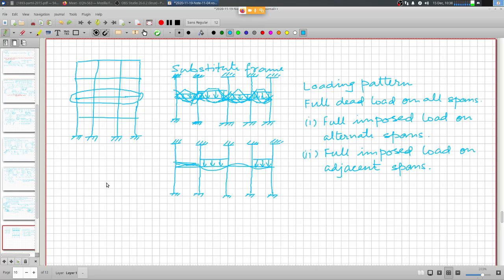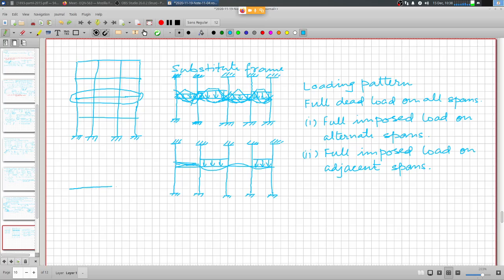But typically for lateral load analysis, we use the complete frame because simple assumption like rigid floor diaphragm will allow you to reduce the degrees of freedom considerably, and it is easy to find story shears at each floor and then distribute it to individual bays, and equivalent lateral load analysis can be then carried out to find out the earthquake effects.